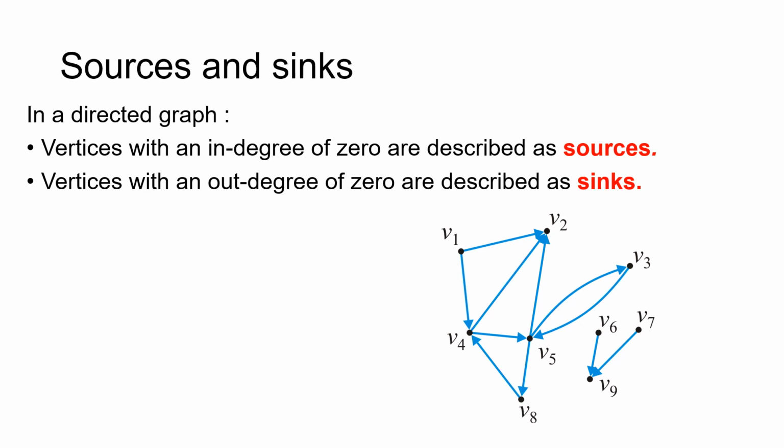So vertices V1, V6 and V7 are known as the sources of the graph G, while vertex V2 does not have any outgoing edge. Similarly, vertex V9 does not have any outgoing edge. So vertex V2 and vertex V9 are known as the sinks of the directed graph.